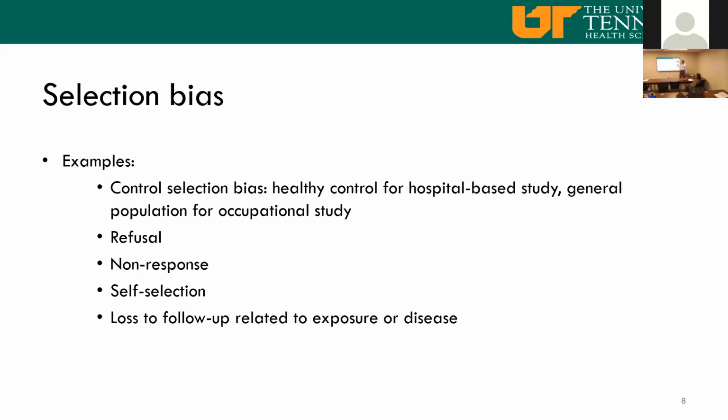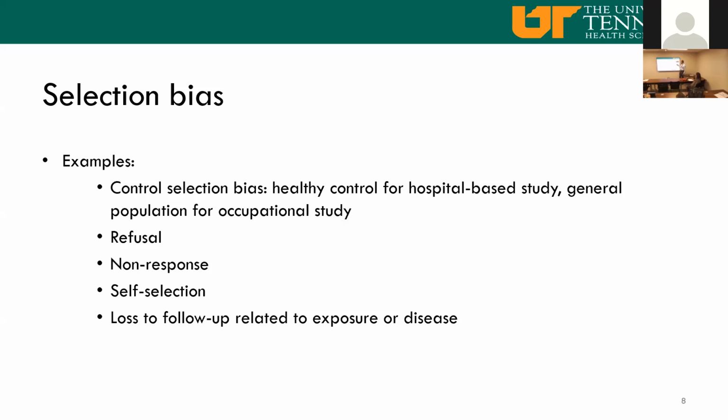If we select our cases from the hospital and the controls from a healthy population, these 2 study groups might be different due to other factors. Those who are ill and hospitalized might have other characteristics that are basically different from the controls. That means the controls do not represent the source population for the cases, and we are introducing bias.